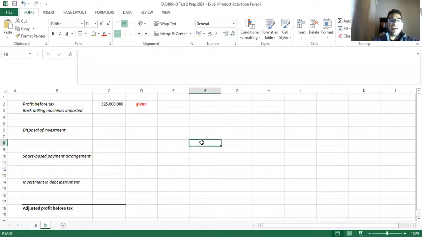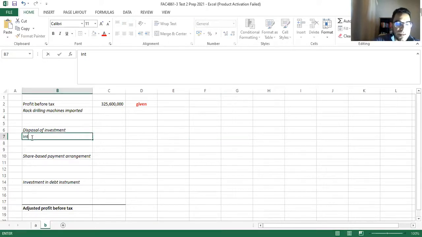Okay, so that is given. Now we can deal with each of these line items. Let's start off with the disposal of the investment, because we got it from part A. It had 2 things. It had interest income, and it had gain on disposal.